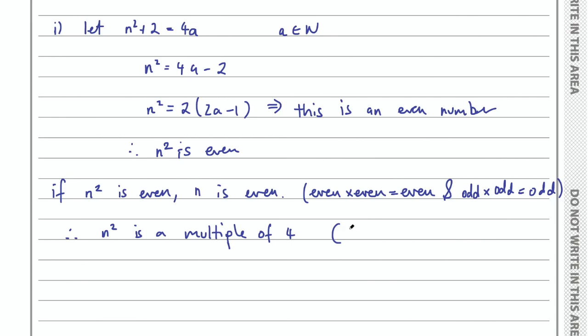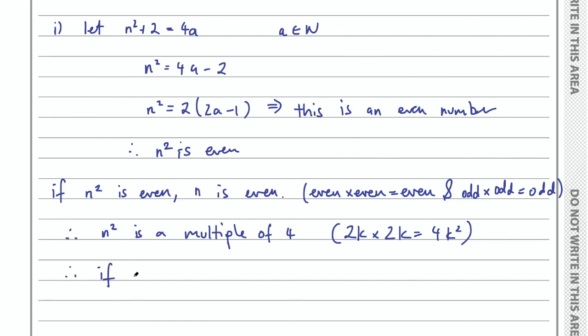And just to show you what I mean, because then we'd have two even numbers multiplied by each other, and we'd get 4 lots of something, 4 lots of k squared in this case. Hence, we have a contradiction, because remember we said n squared plus 2 at the start was a multiple of 4 or divisible by 4. So we have a contradiction.